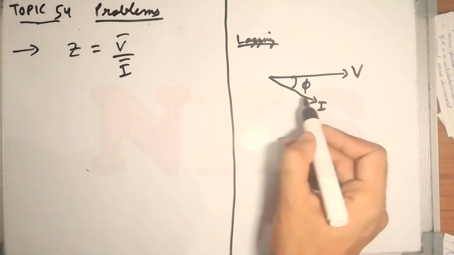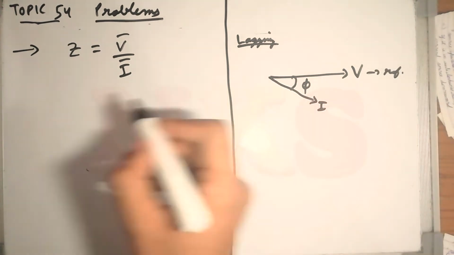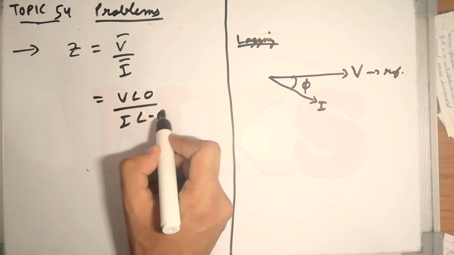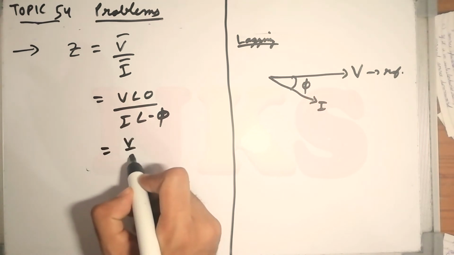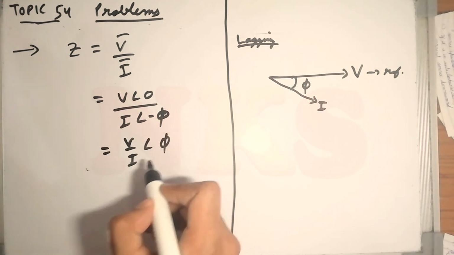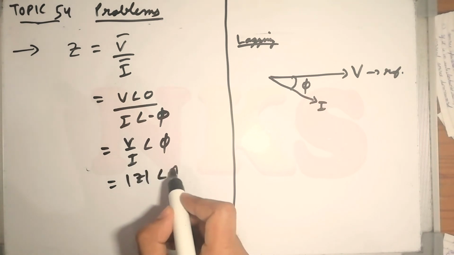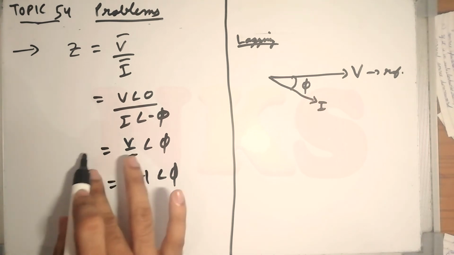Now, taking V phasor as a reference, I can write it at an angle minus phi. I hope you know this much, and my expression will come out to be the magnitude of the impedance at an angle phi. This is our Z, a complex number.